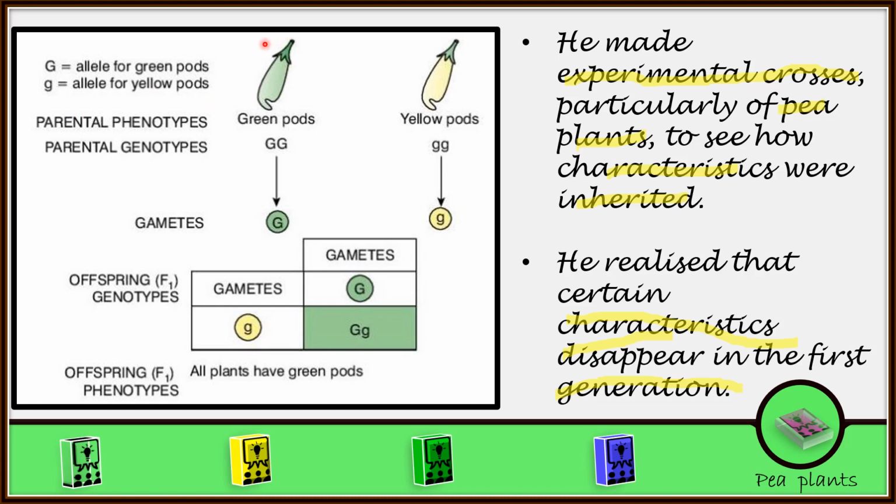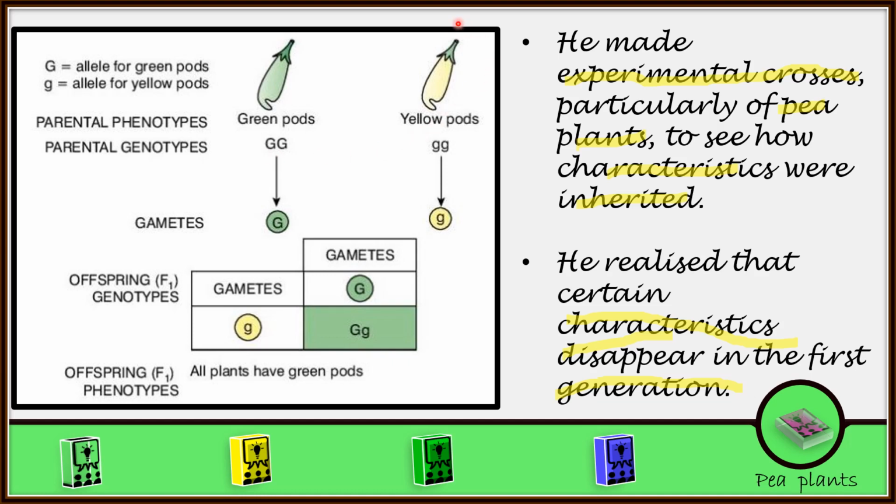That's why when you look at the genotype of the green pods he used, they were homozygous capital G, meaning that they had a pair of alleles for green pods.